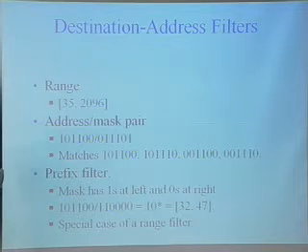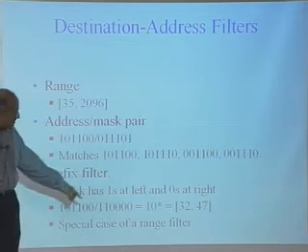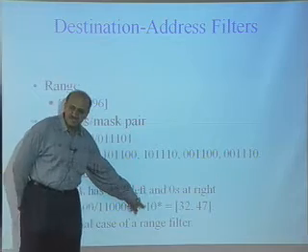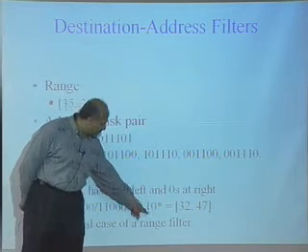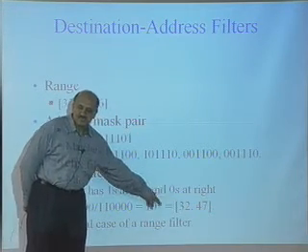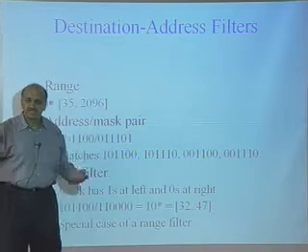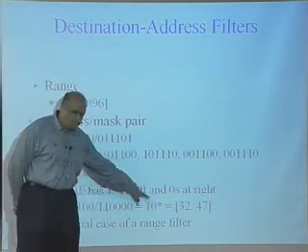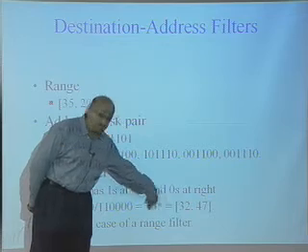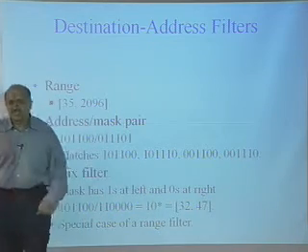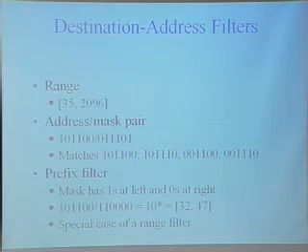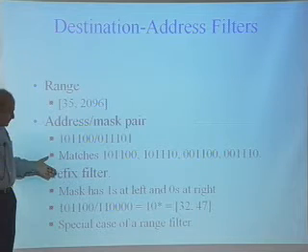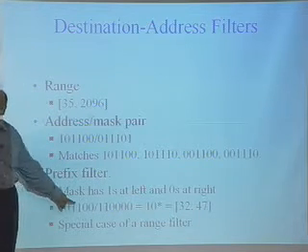Okay. And you can convert that into a range. The 10 star, the smallest address it matches is 10 followed by as many zeros as needed to get to your address length. And the largest address it matches is 10 followed by as many ones as needed to get it to a complete destination address. Okay. So a prefix filter can be specified as an address mask pair.